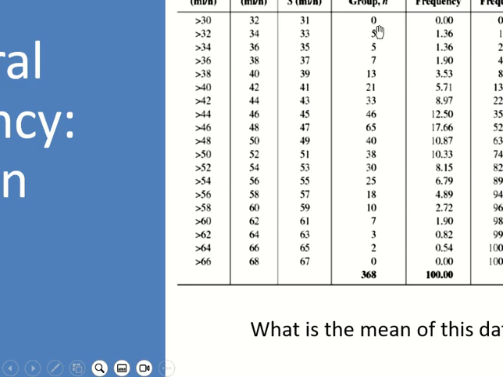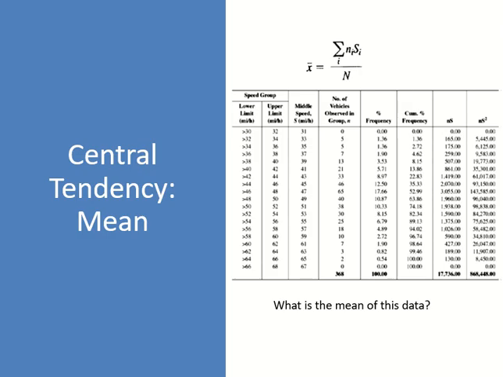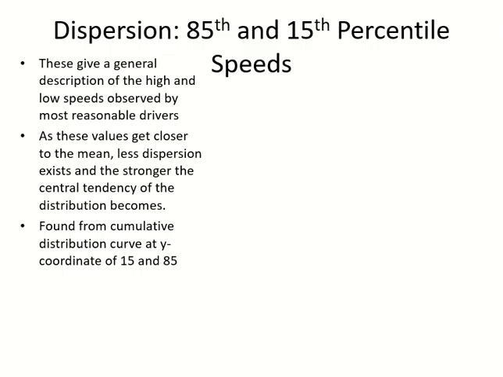Any groups which have 0 values in the middle, I will keep, I will not remove them. But if any group at either end of the distribution, the highest end or the lowest end, has 0 values, then I will remove them. For the chi-square, I will remove them.